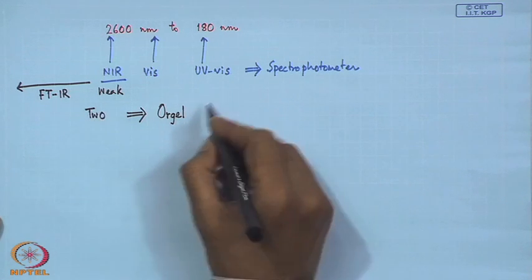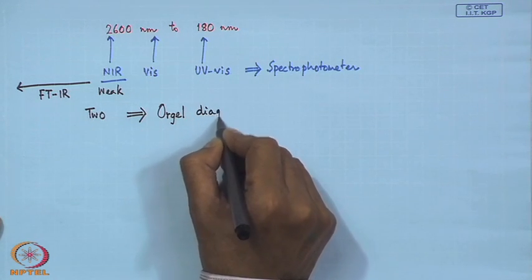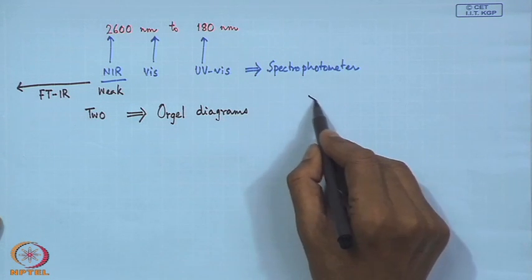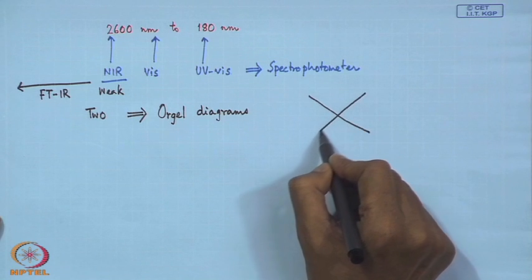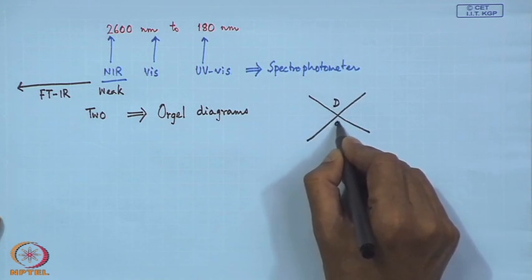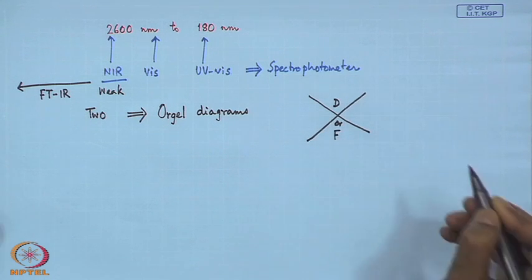that we had two Orgel diagrams, and we have this crossing thing for a particular term. It can be a D or F term.